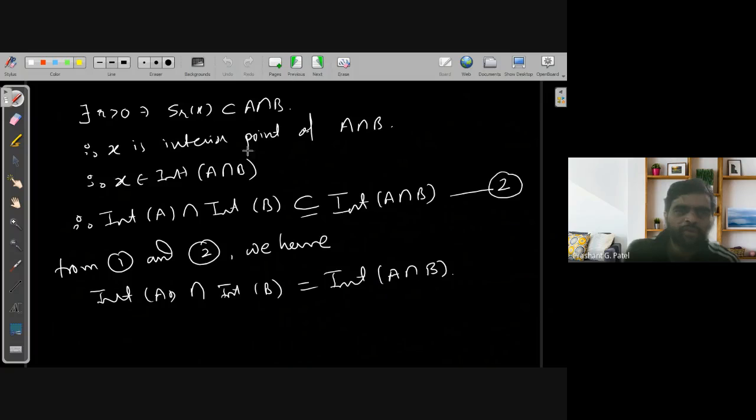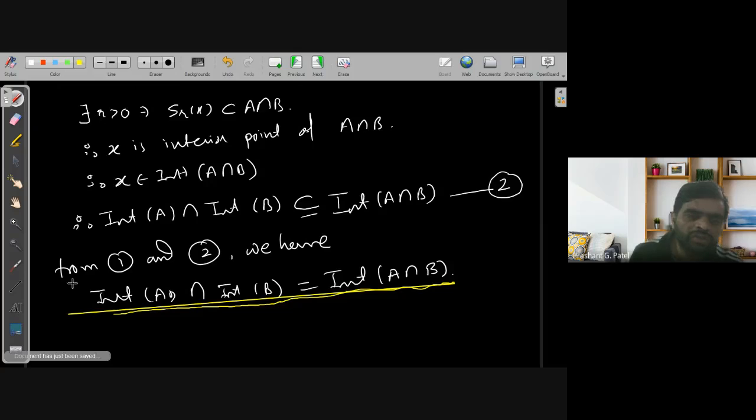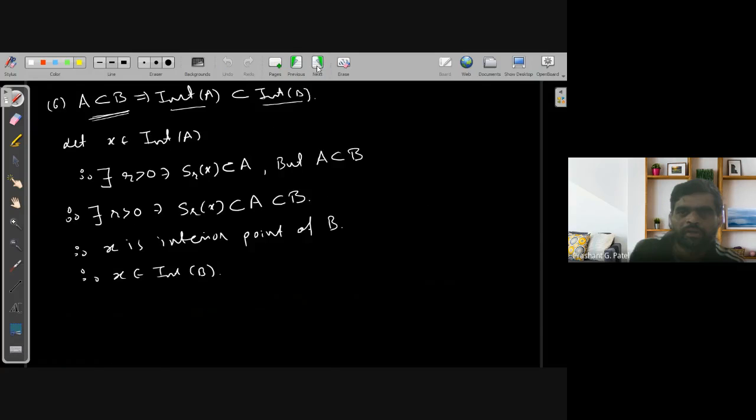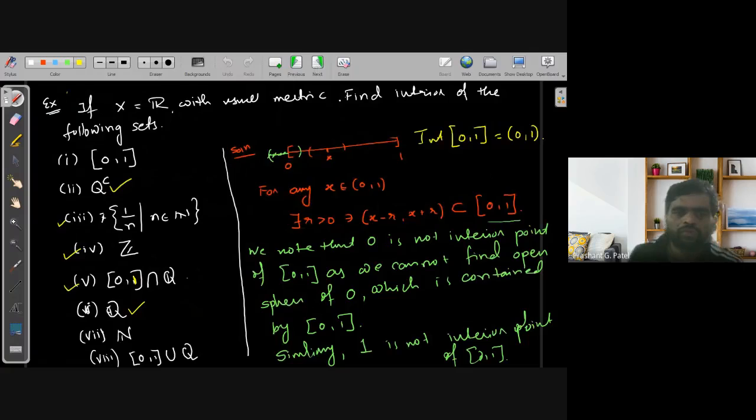Previously we proved that interior of A intersection interior of B is equal to interior of A intersection B. If you use this result, that will also lead you to find the interior of this set.